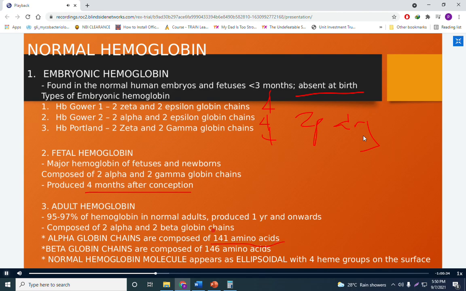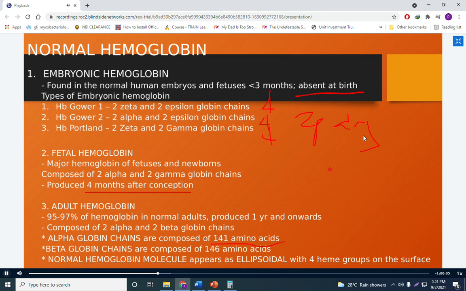Your beta globin chains have 146 amino acids. Now, the appearance of your normal hemoglobin molecule is ellipsoidal. Class, what's the shape of your RBC? Biconcave, very good. With 4 heme groups on the surface.